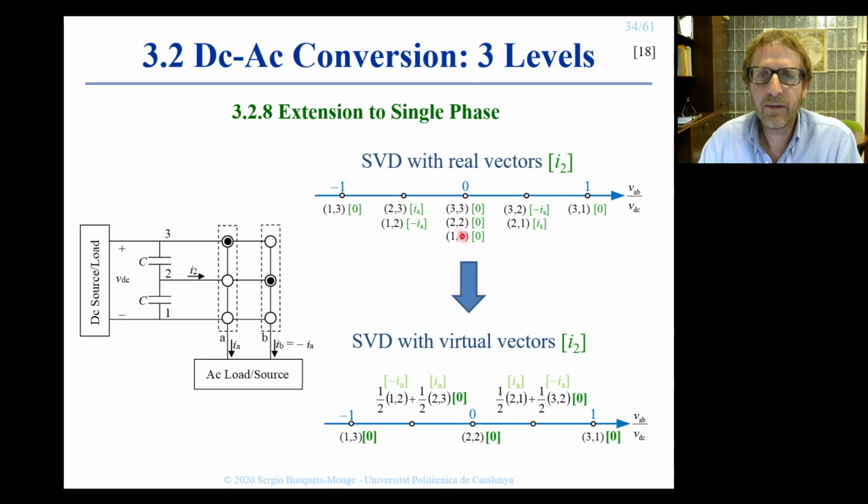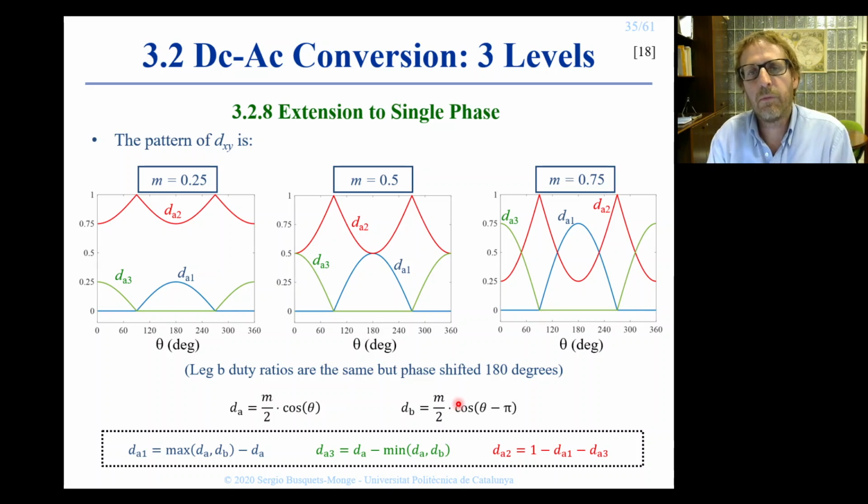Some of these switching states have a non-zero neutral point current, so we can proceed as we did with the three-phase case and define some virtual vectors with an average neutral point current equal to 0. When using these new virtual vectors and defining pulse width modulation with them, we obtain a pattern for the leg duty ratios as shown here.